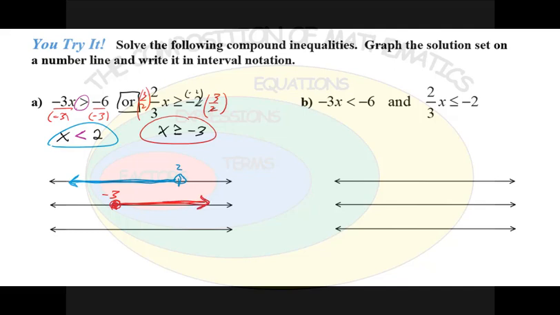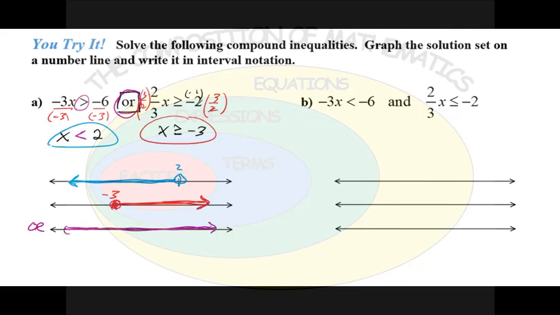And then the OR connector. So OR just means we want both. So with an OR connector, we're looking where both of these cover the number line. And so we can actually graph these on the same interval and it will cover everything.